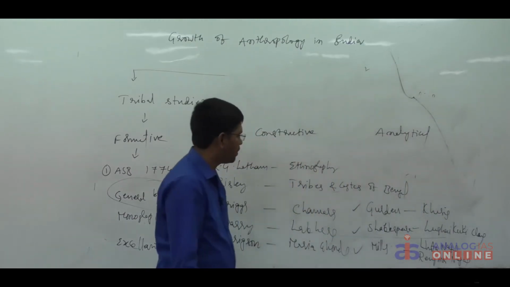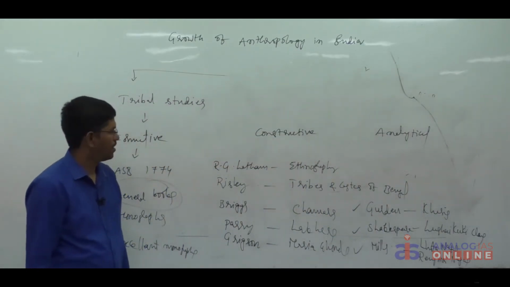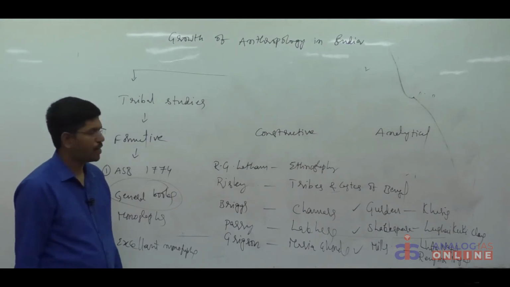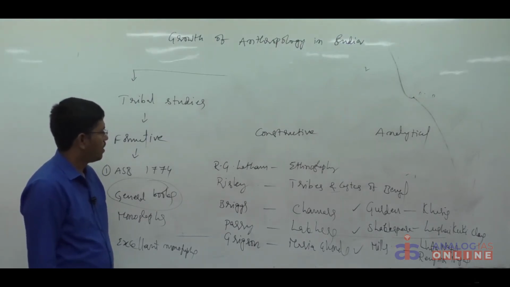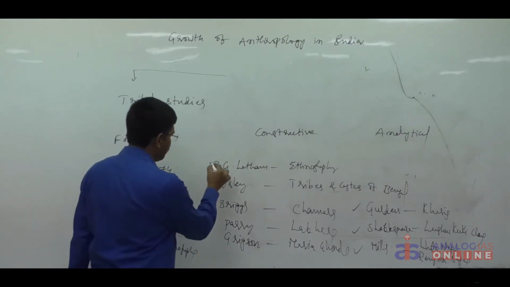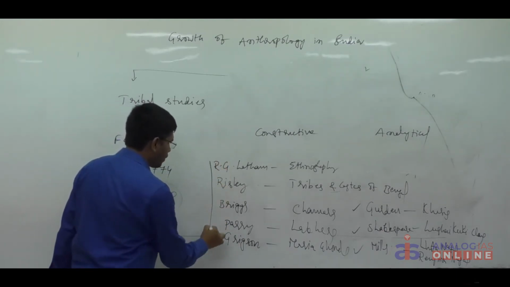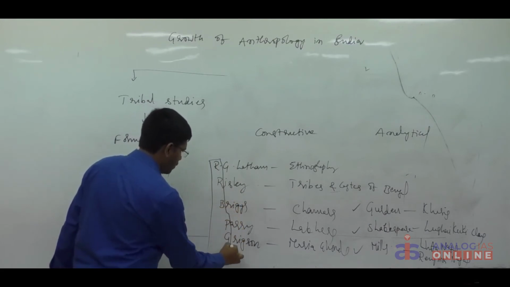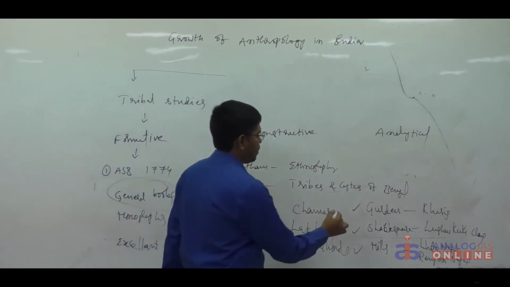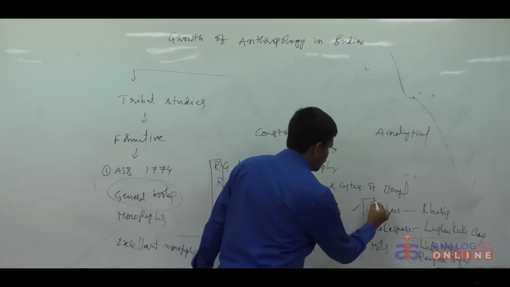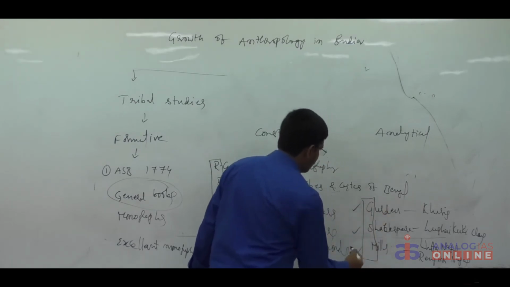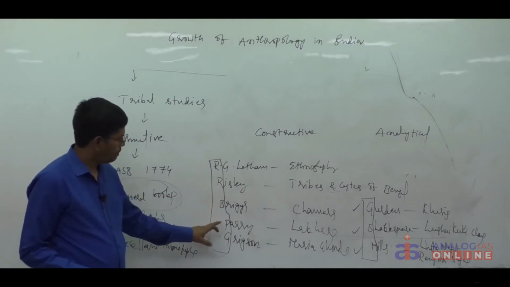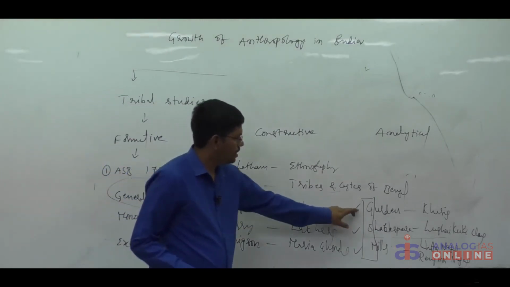My students know about the mnemonic. I'll give you one mnemonic for easily remembering all these. See the first letters: RRB, PZ, GSM.